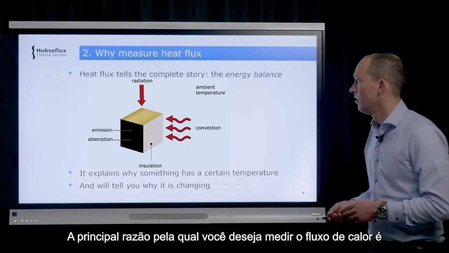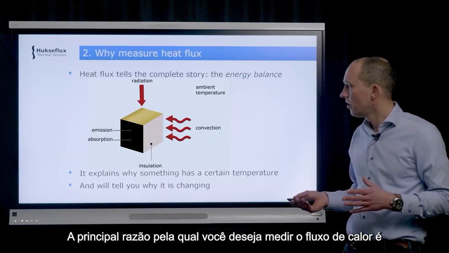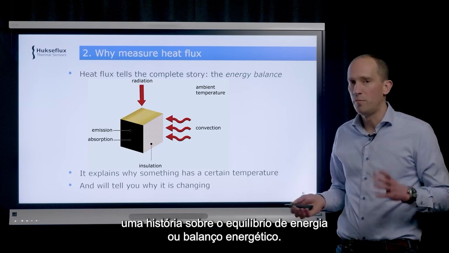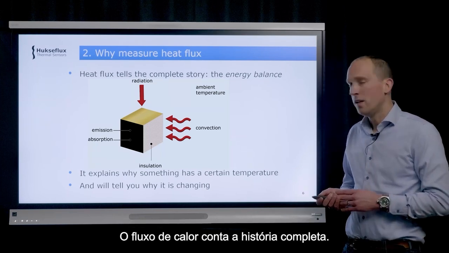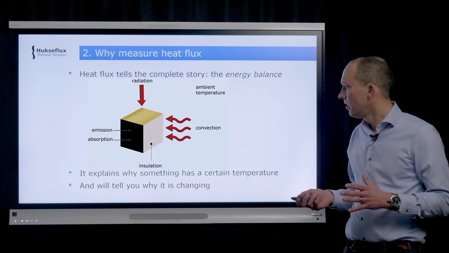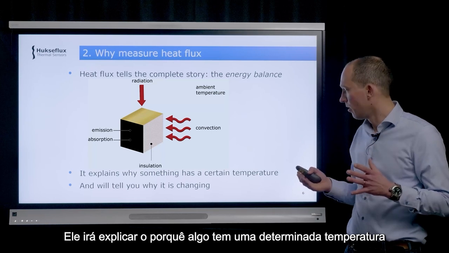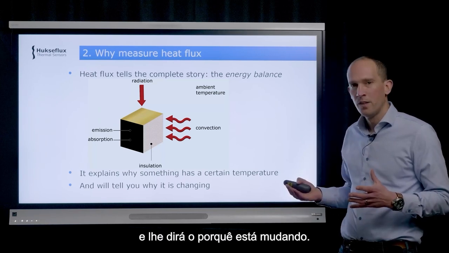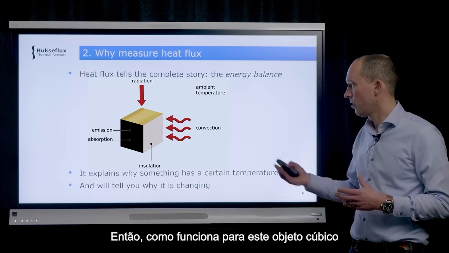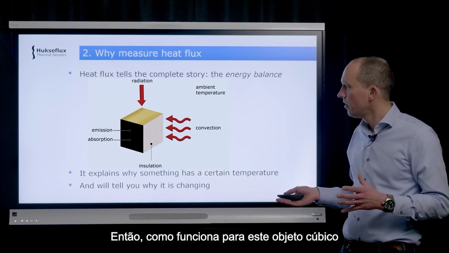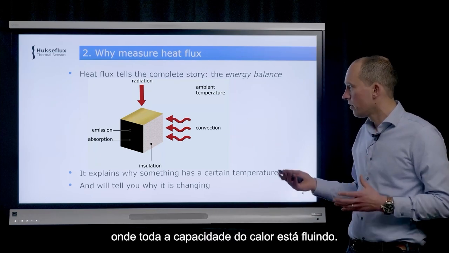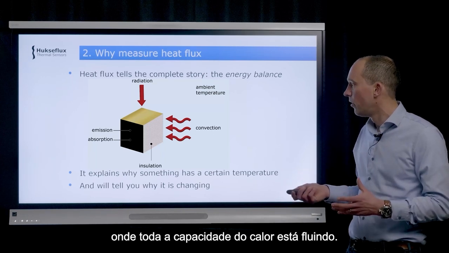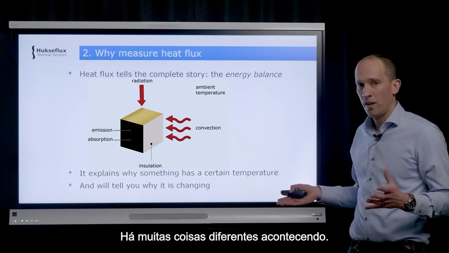The main reason you want to measure heat flux is a story about energy balance or energy budget. Heat flux tells the complete story. It will explain why something has a certain temperature and will tell you why it is changing. So this works in general for this random cube object, where there are many different things going on.